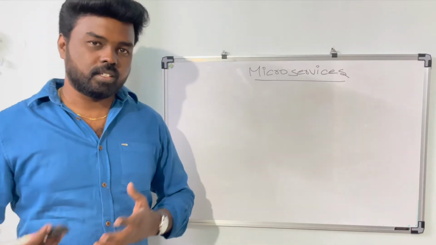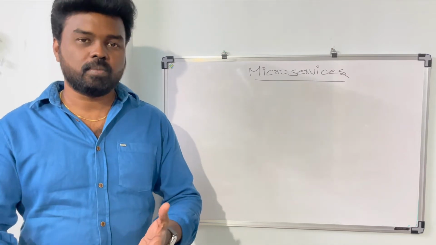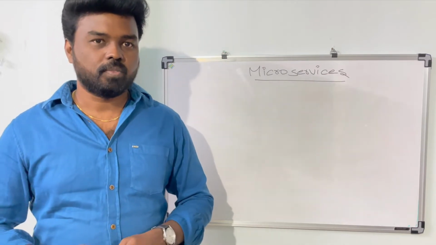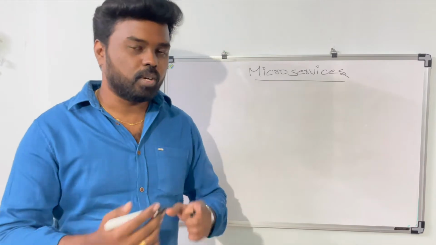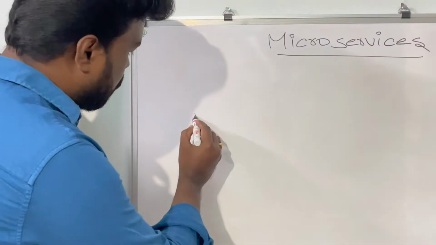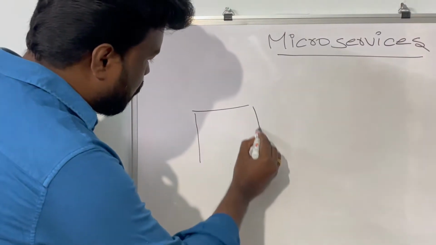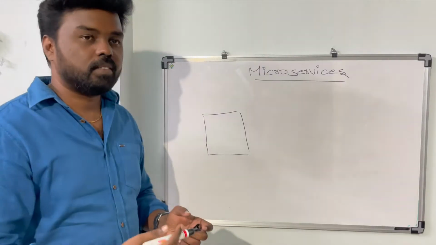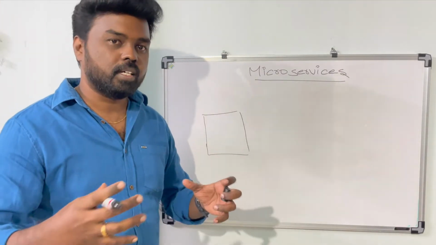Before microservices, we had the monolith-based application development pattern. With a monolith, you have one single application, one single deployable unit, which might have multiple components embedded into each other.